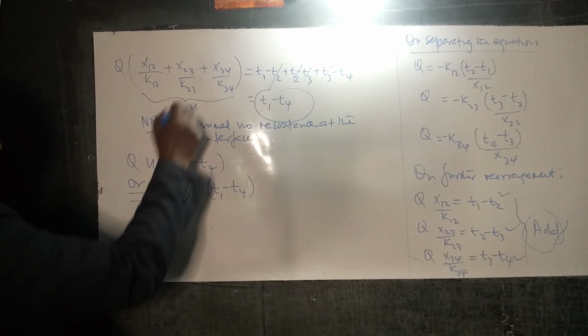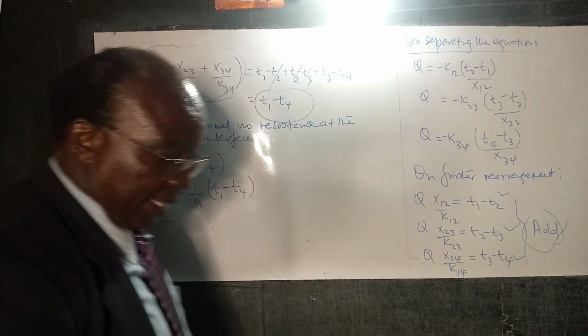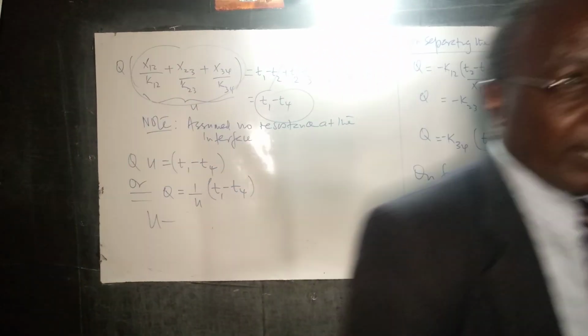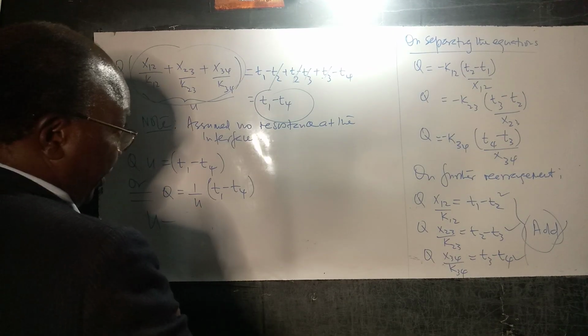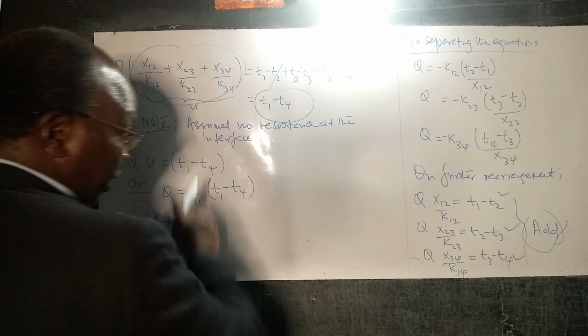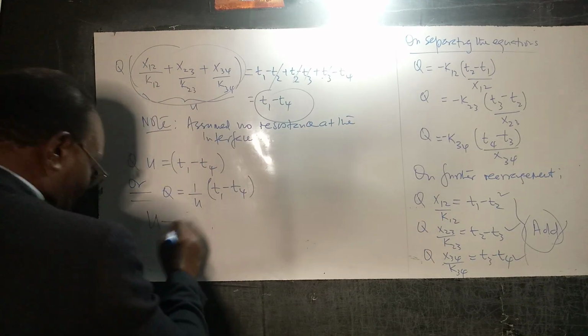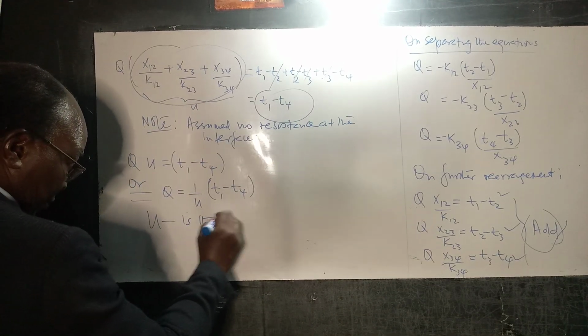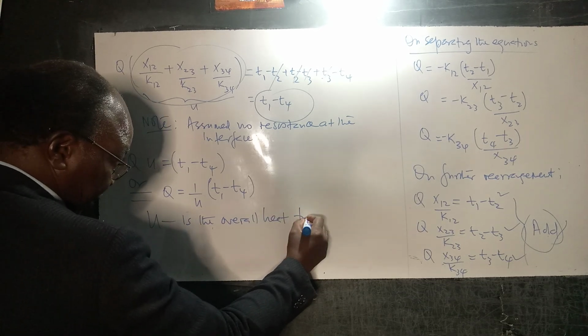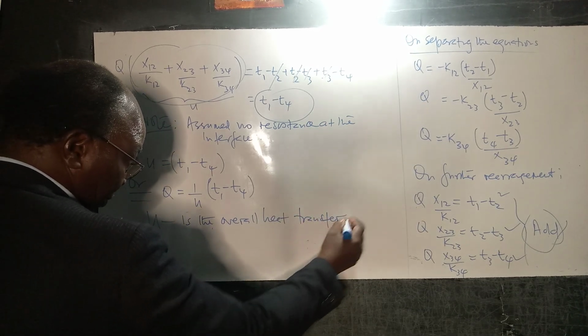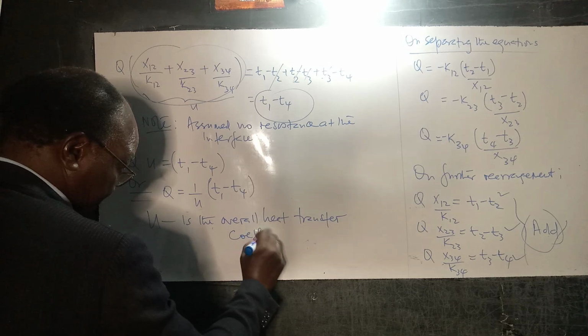This U here is the overall heat transfer coefficient for this steady state conduction in the composite wall. So U is the overall heat transfer coefficient.